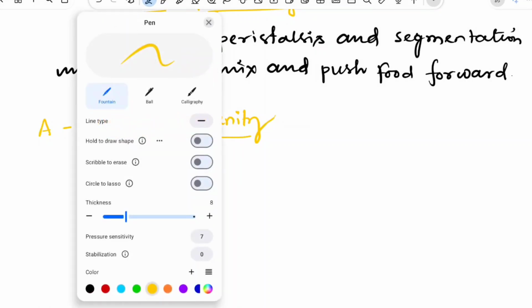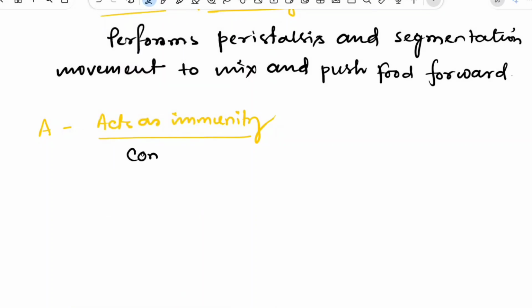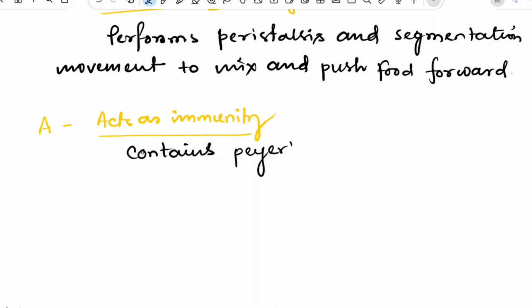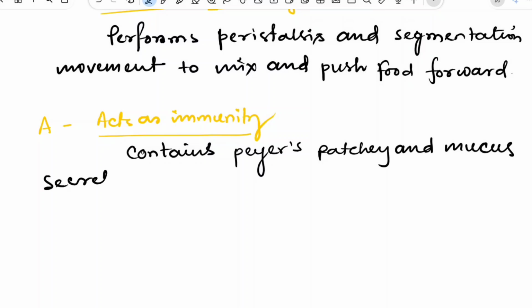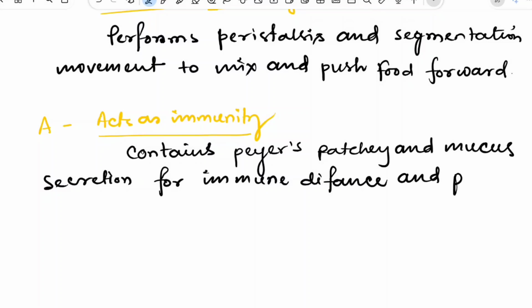So in that we can write, it contains Peyer's patches and mucus secretions for immune defense and protection.